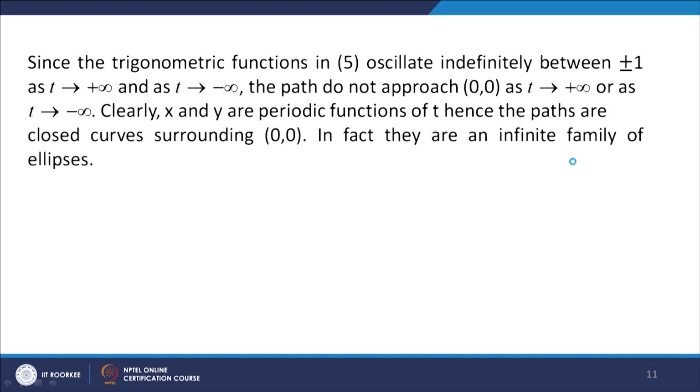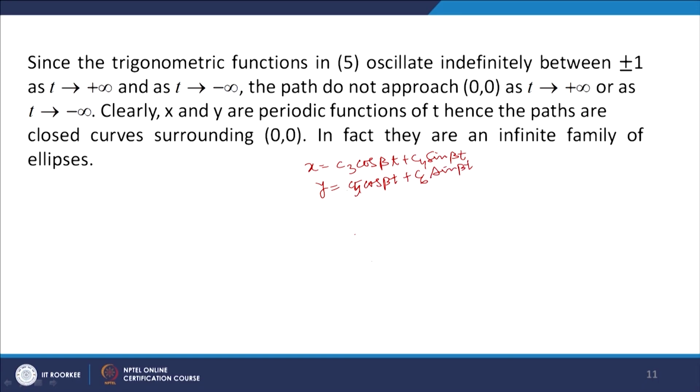Okay. So, here we have x equal to c3 cos beta t plus c4 sin beta t and y equal to c5 cos beta t plus c6 sin beta t.